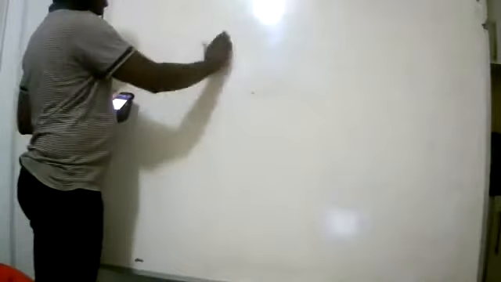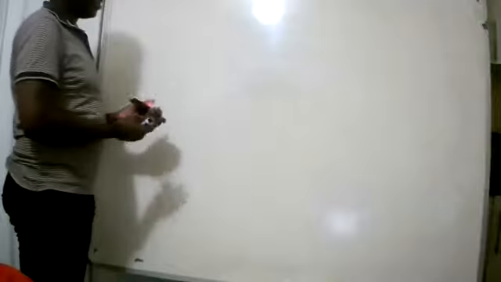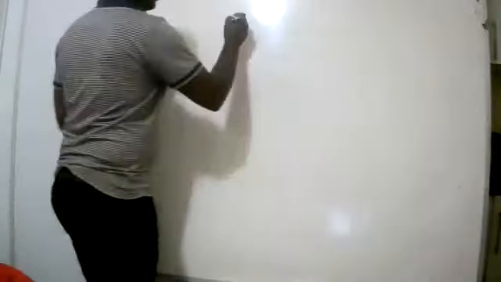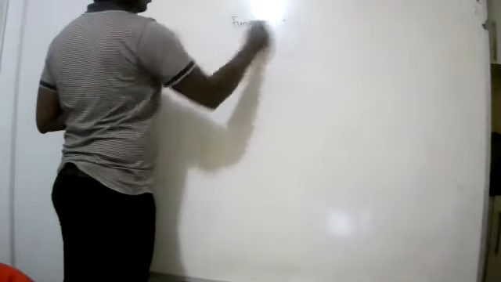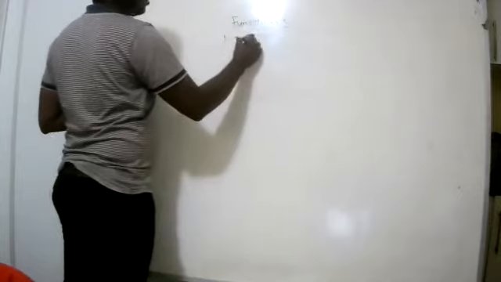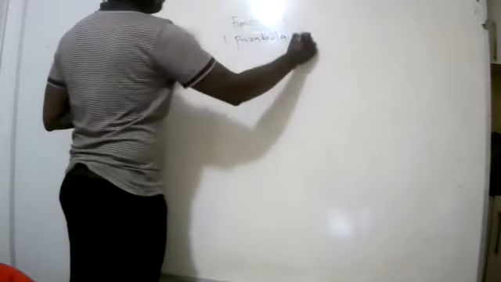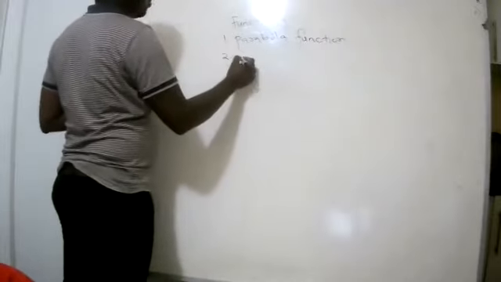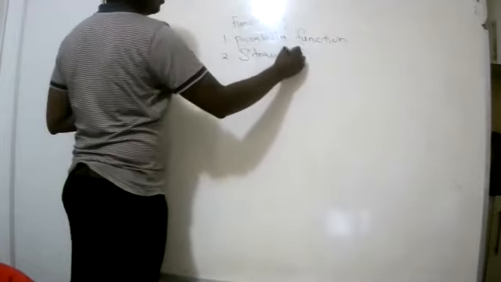Today we are just going to wrap up the topic of function, of which we have covered 4 different functions. The first function we have done in detail is the parabola function. The second function we have done is the straight line function.